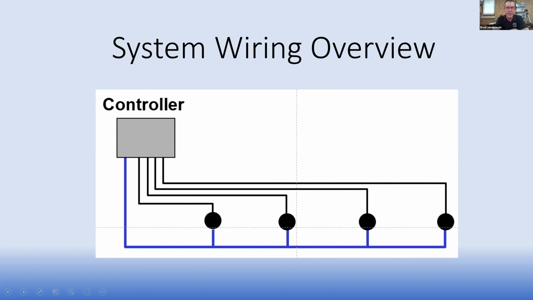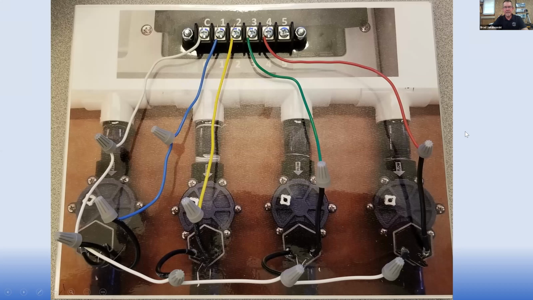I'm going to go ahead and hide this. This is our control panel up here, and then we've got all our different wires running to our different valves and solenoids. Station 4, station 3, station 2, station 1, and here's our common wire return coming back over.